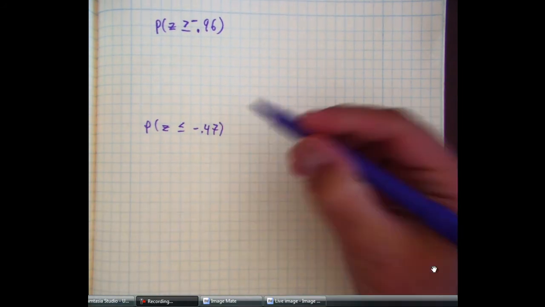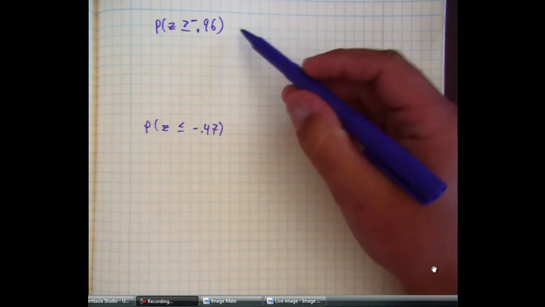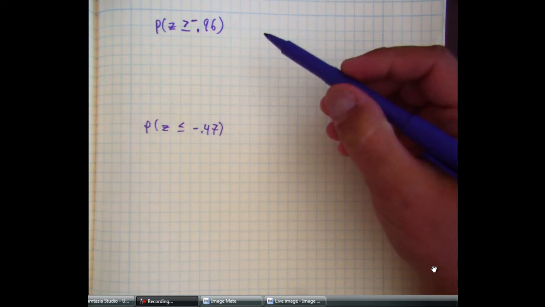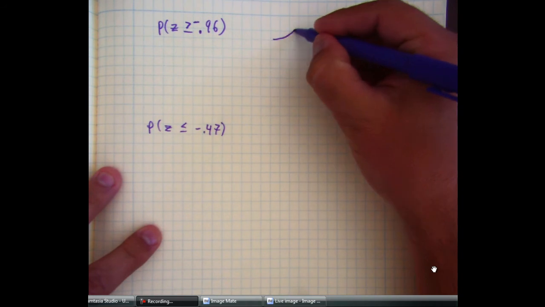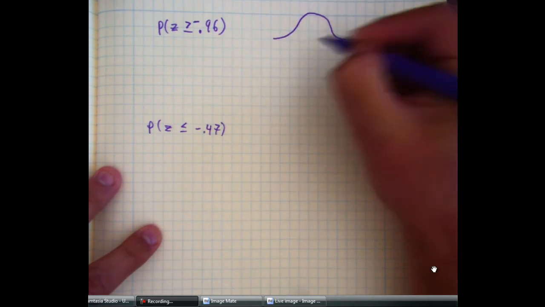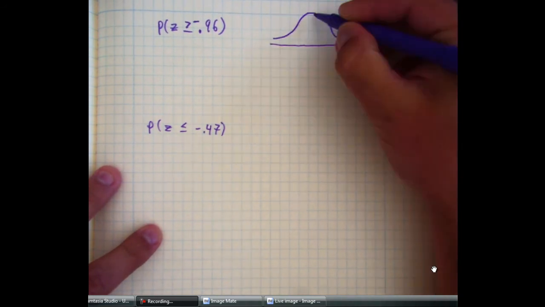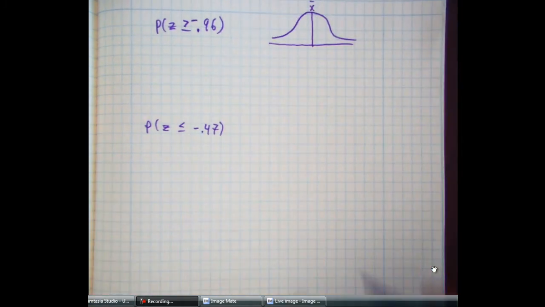Okay, next we're going to do z is greater than a negative number and z is less than a negative number. So if we're going to tackle the probability of z being greater than or equal to negative 0.96, again, the first thing we do is draw out the density function. Draw out where your mean is. Mean, again, represents a point of 0.